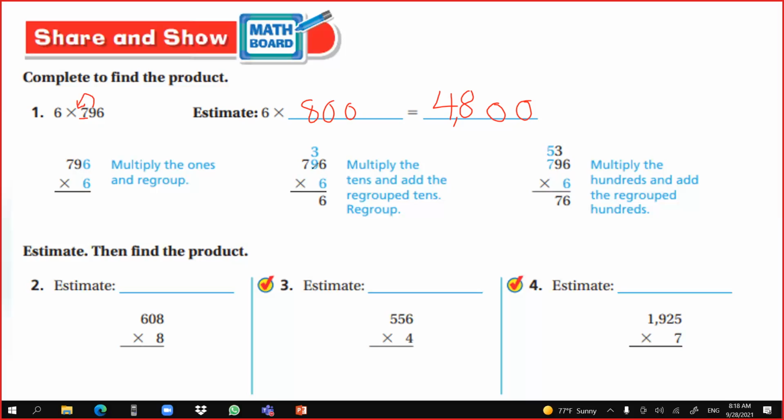Then 6 times 9. 54 plus 3. 57. So now you have to write 7 ones down, and 5. Then 7 multiplied by 6. 42 plus 5.